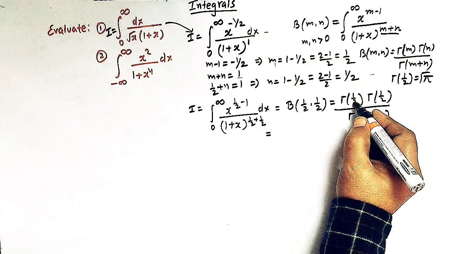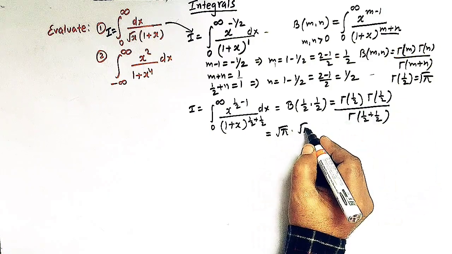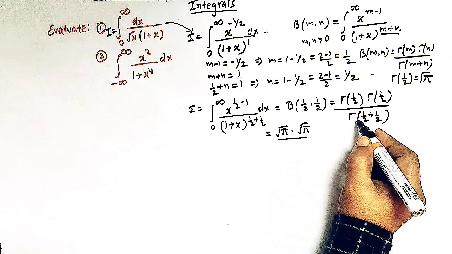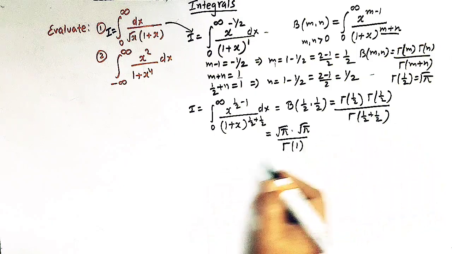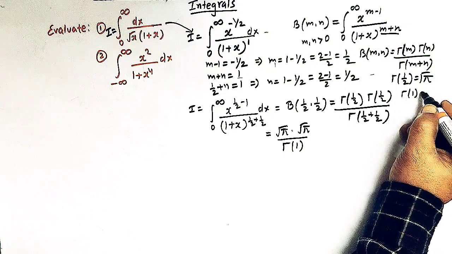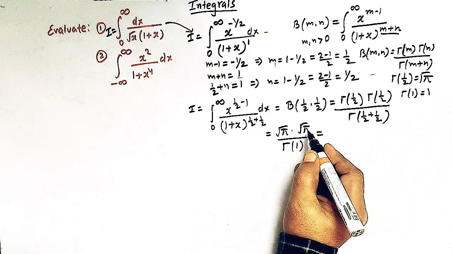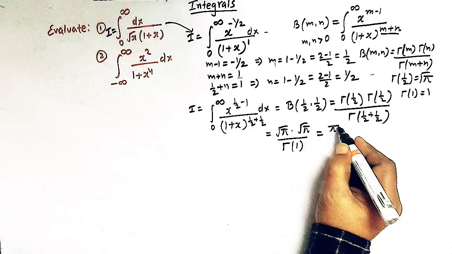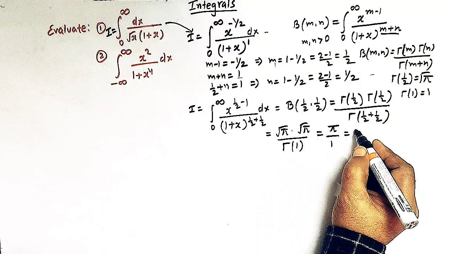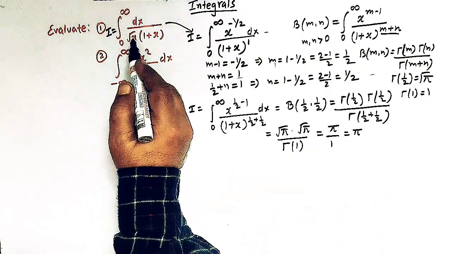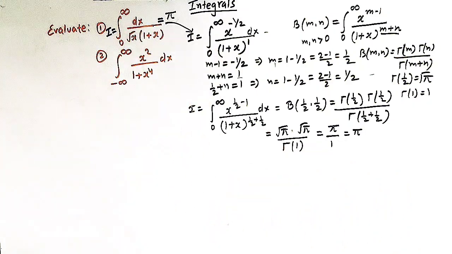So we have now here square root of pi, here also we have square root of pi, and in the denominator we have gamma 1, and gamma 1 is equal to 1, right? So root pi times root pi is simply pi, and gamma 1 is 1, so we have pi, right? So the value of this integral is equal to pi.